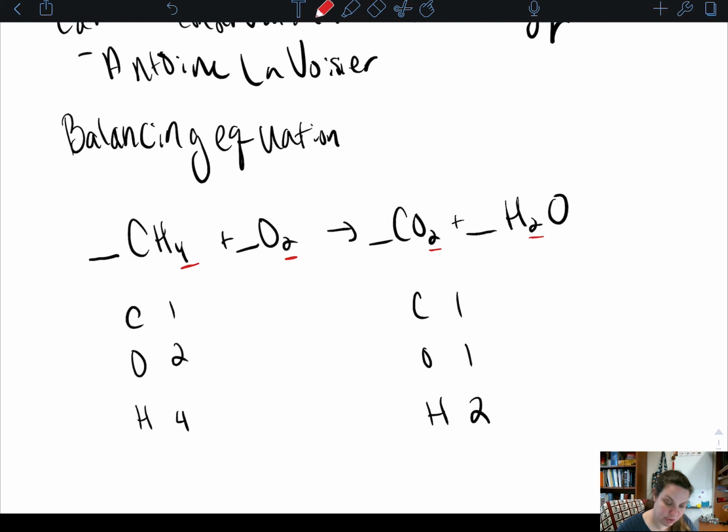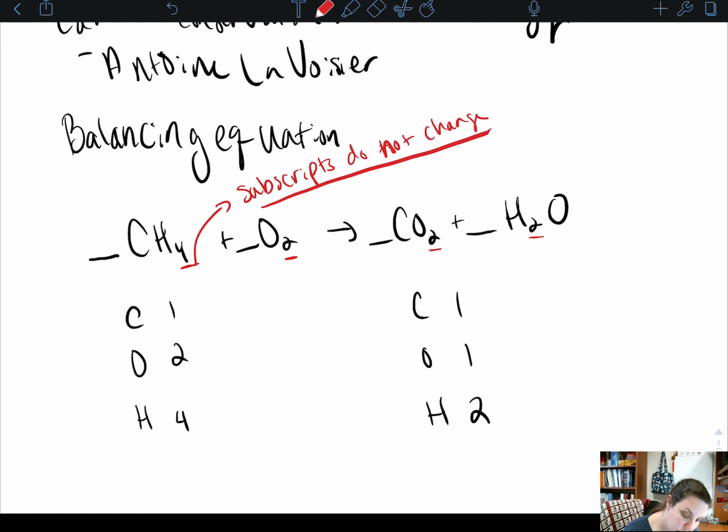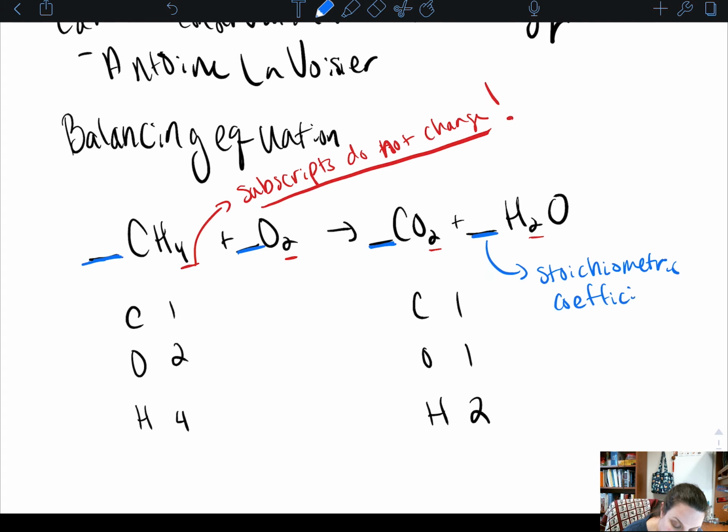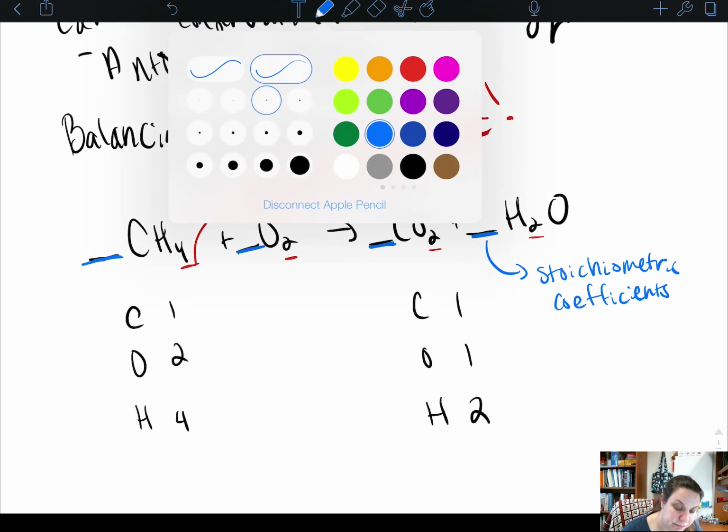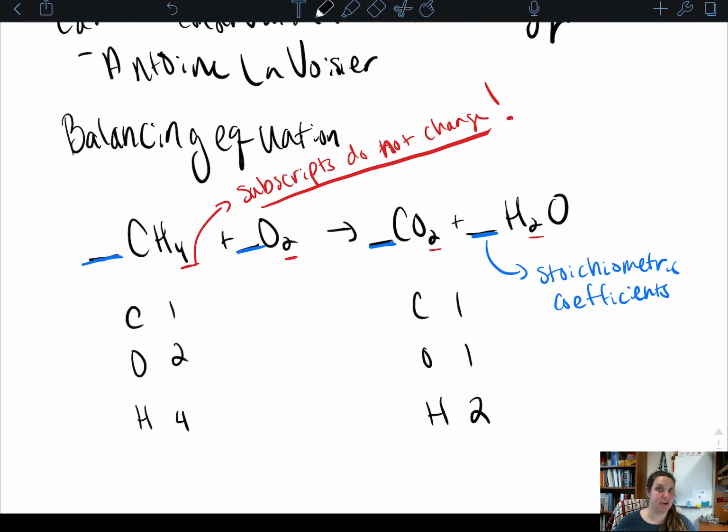These cannot change. So you never ever change those subscripts in order to balance a chemical reaction. These you can change. You can put a number in front of these. These are our stoichiometric coefficients, and those tell us how many of each of our chemicals.